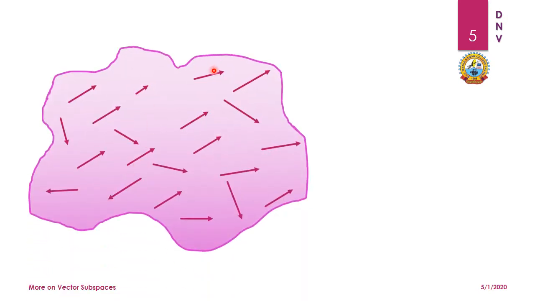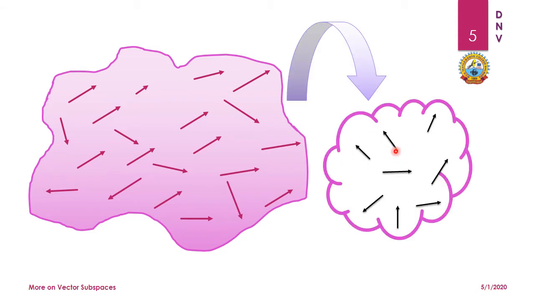Suppose this is a larger vector space consisting of many vectors, and someone wants to take a handful of the vectors and verify if it is a subspace of it or not. So if we take this small set out of the larger set and want to prove that this is a subspace, then it must satisfy the 3 criteria which a subspace should satisfy.